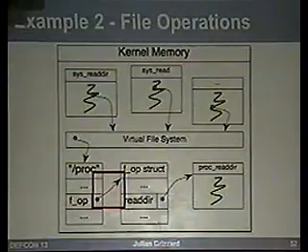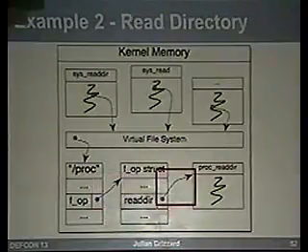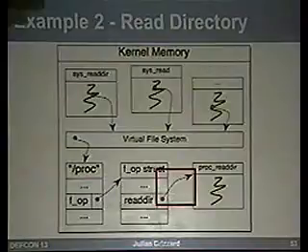There's an f_op structure, which is standard, and for each file system, you have to implement a number of function pointers. In this case, readdir is the one I'm going to highlight. So you've indexed all the way in to readdir, and finally you get to the proc readdir code. That then returns information back to your system call, and then back to your user program.